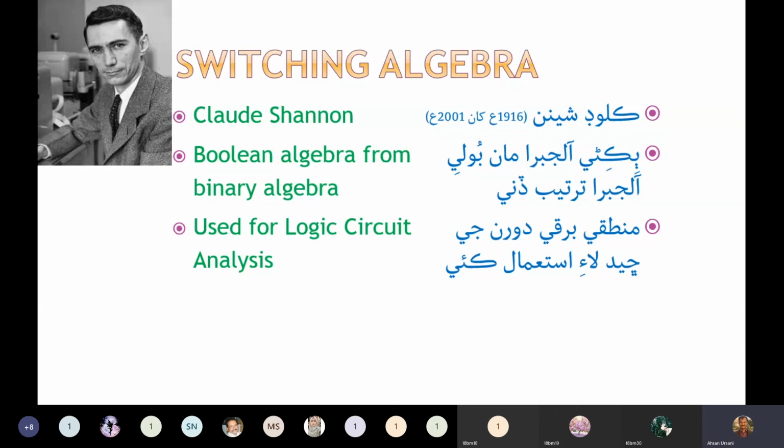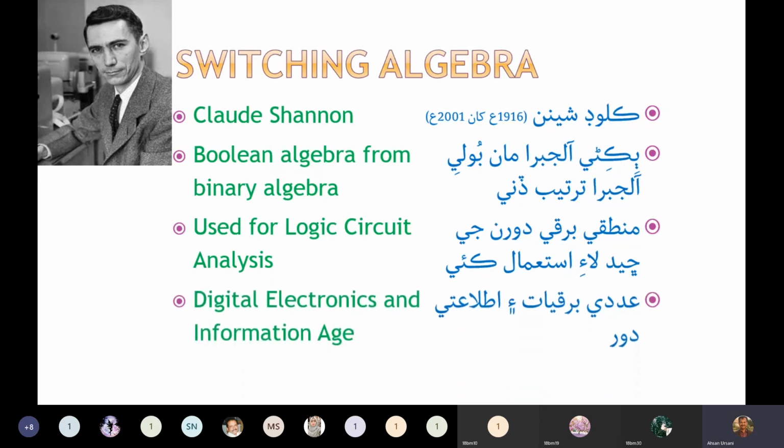So later, because he invented logic circuits, which you will study, and from those logic circuits telephone exchanges were made, and all the digital circuits were invented.